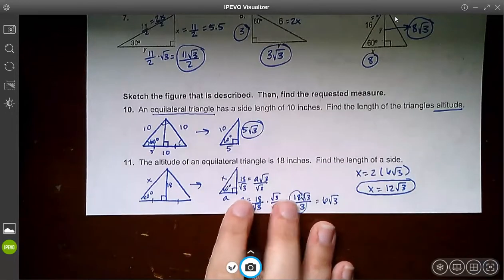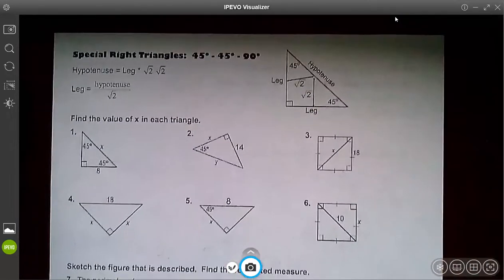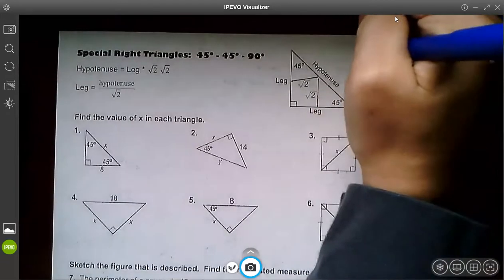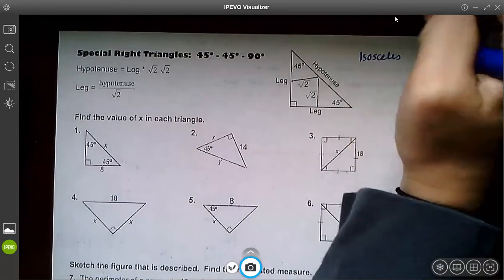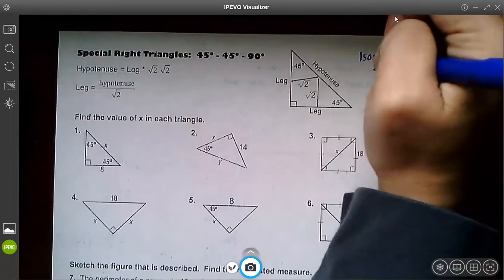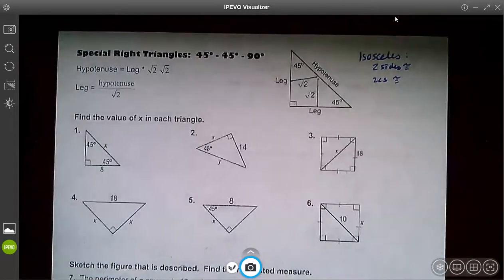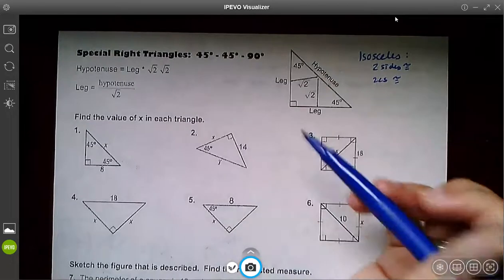We're going to go ahead and move on to our special right triangles, 45, 45, 90. So this is an isosceles triangle. Isosceles means it has 2 sides and 2 angles that are congruent. An isosceles right triangle has 2 45-degree angles and our right angle.